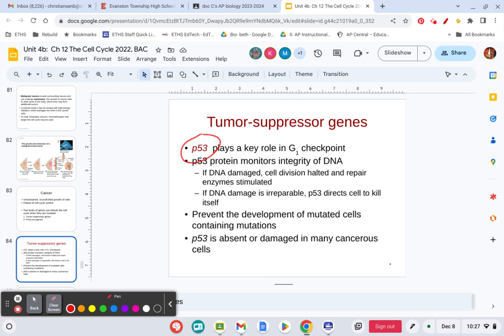It either initiates the repair of the DNA so it can go forward, or if it's just too bad, then the cell will be directed to commit apoptosis. Remember apoptosis? So basically cell suicide. That then prevents more cells with that same altered DNA from going forward.